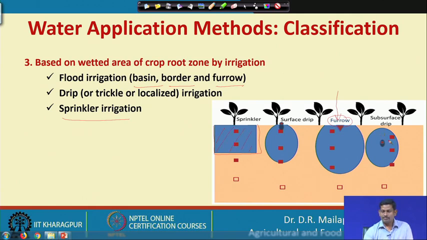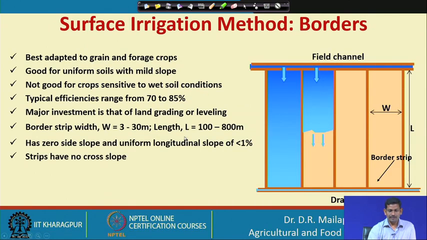And in subsurface drip or subsurface irrigation, a circle is formed beneath the surface, because the emitter is pointing there, making the wetting pattern around the root zone. So, this is based on the wetted area of the crop root zone by irrigation.